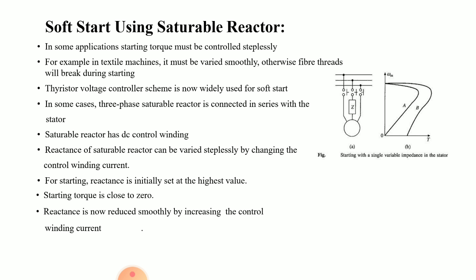Now the reactance is reduced smoothly by increasing the control winding current. In figure A, an impedance is connected to one phase of the stator of the induction motor. By varying the impedance, we can control the current.